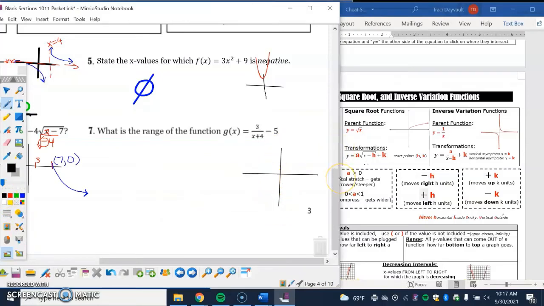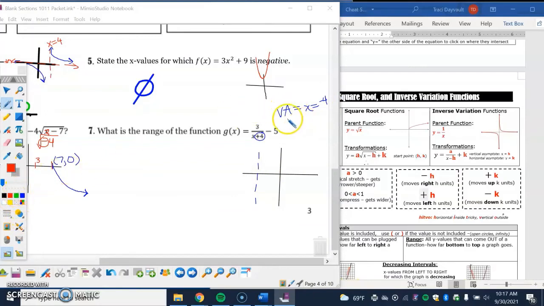It's going to have a vertical asymptote. If we look at this, the vertical asymptote is going to be at h. So is the vertical asymptote going to be x equals 4? No, it's not, because remember that h, the one on the inside of the function, is tricky. So x equals -4. That's going to be my vertical asymptote.